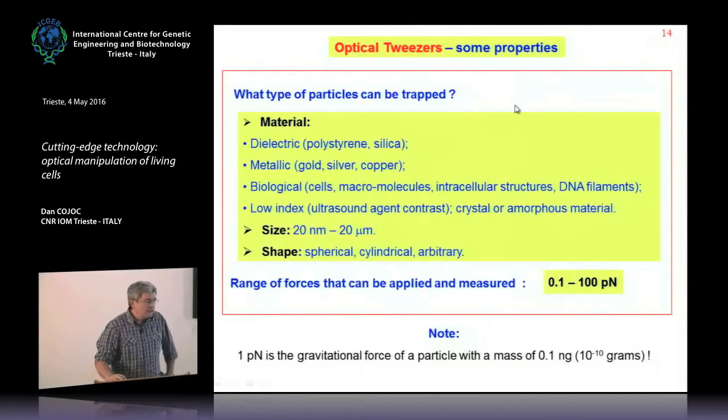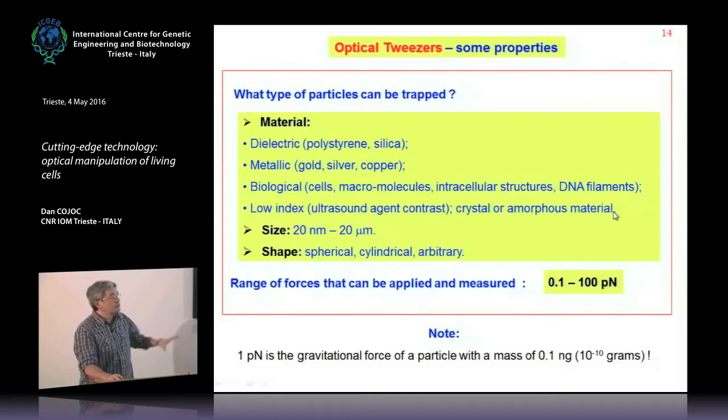So some properties. What type of particles can be trapped? As material, we have dielectric, polystyrene, silica, but also metallic, gold, silver, copper, biological, cells, macromolecules, intracellular structures, DNA filaments, so a huge variety. Low index.